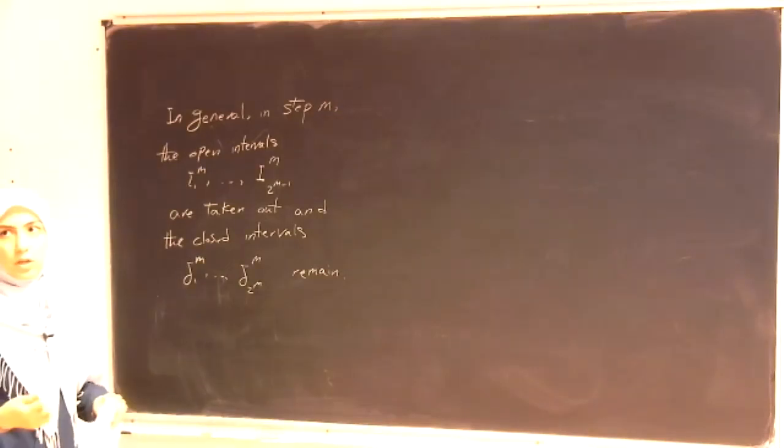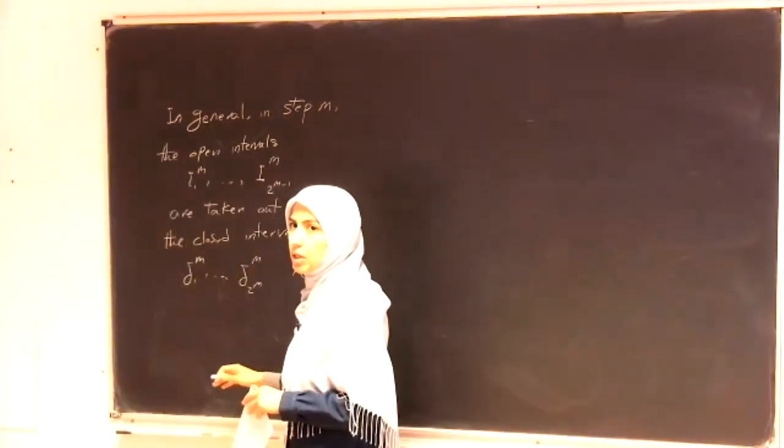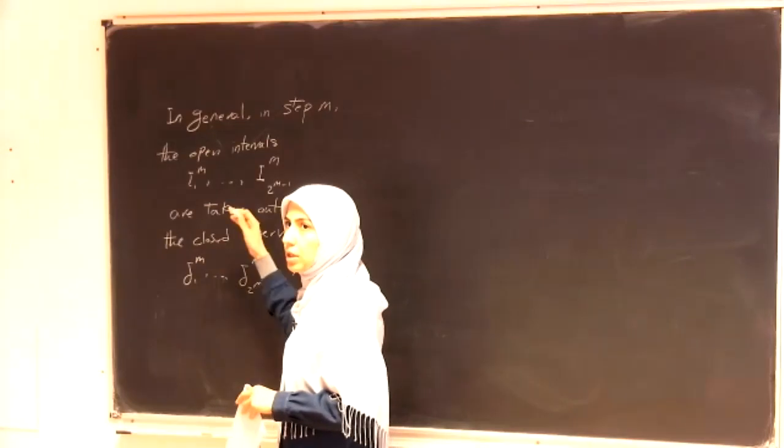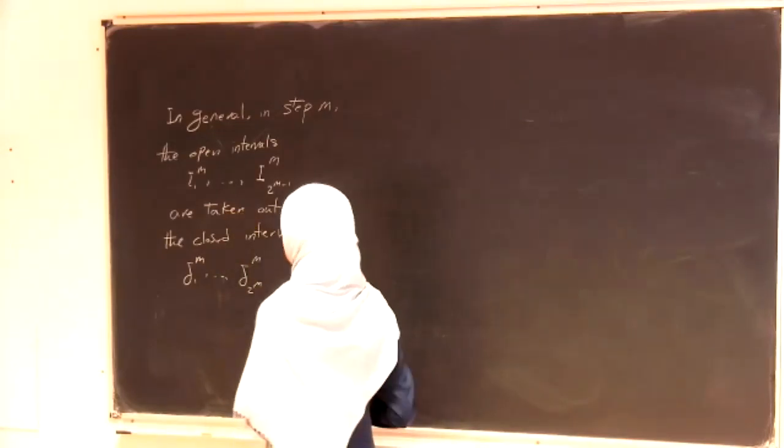So it's a review of how we construct a Cantor set from any open interval. We continue this method, and then we consider the union of these remaining closed sets.